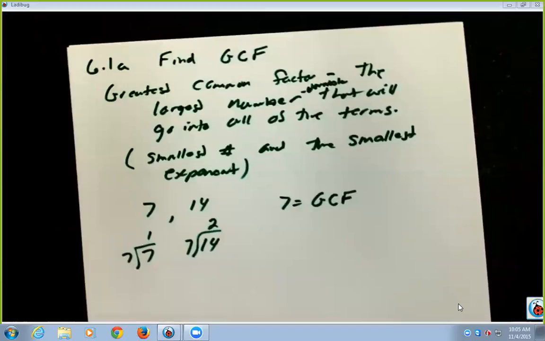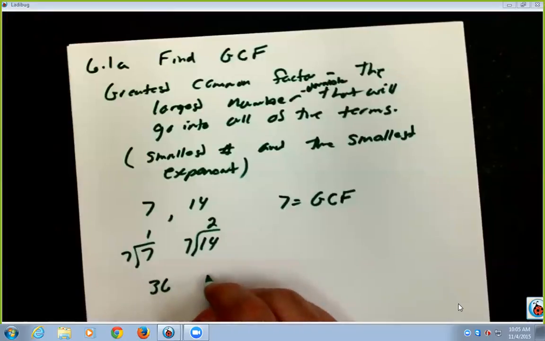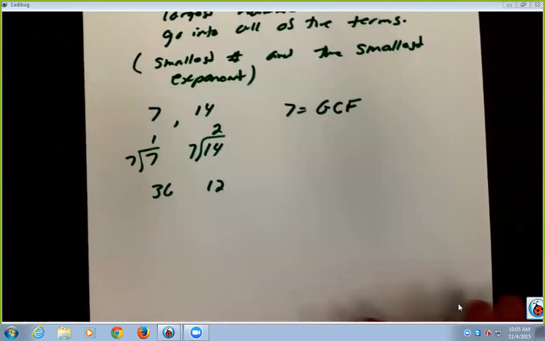So what about this one? 36 and 12. What's the largest number that will go into 36 and into 12 evenly? Or the greatest common factor that would go into those? 3, 2, 9.